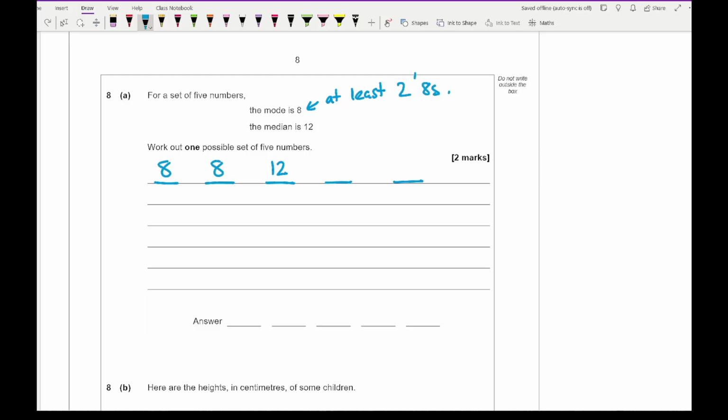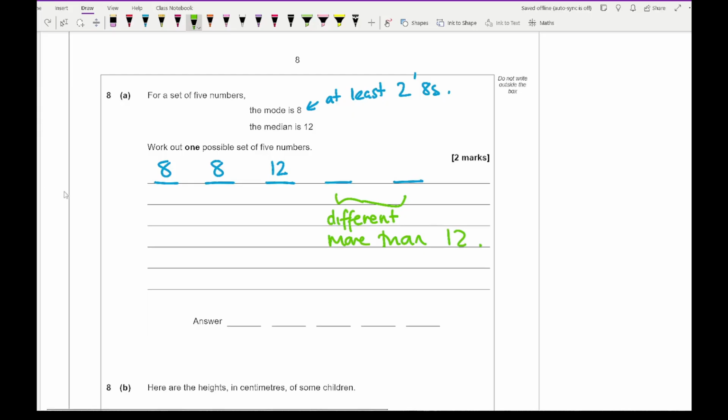So then from this, what we need to do is pick any two numbers that are different. So these two numbers here need to be different and also more than 12. So again, there are so many different answers you can give, but any example of where that is done will be absolutely fine.